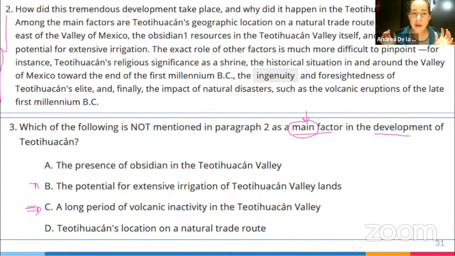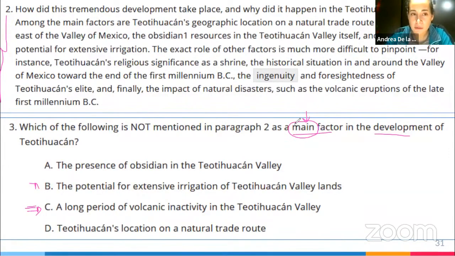If you just focus on what you think are the most important words without considering the modifiers, then you're very likely to make more mistakes. So it's not the same to say Teotihuacan's people always did this and sometimes did that, right? It's not the same to say a main factor than another factor. So in this case, those are the keywords, great.